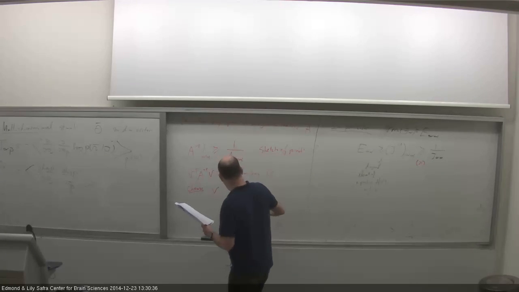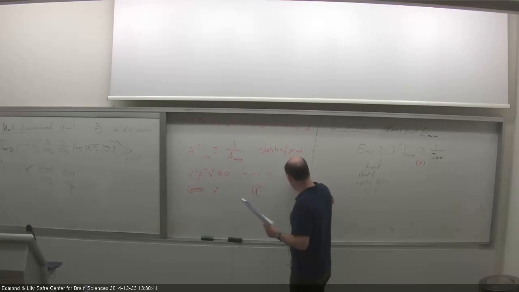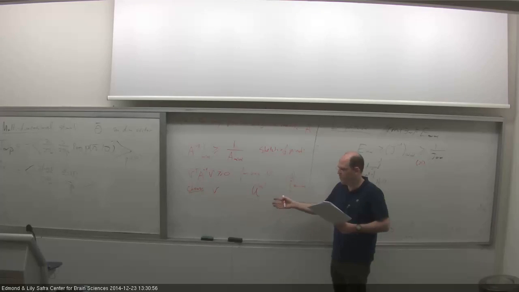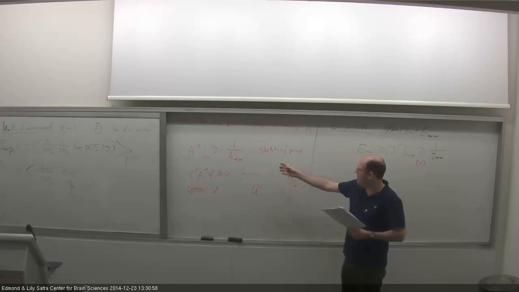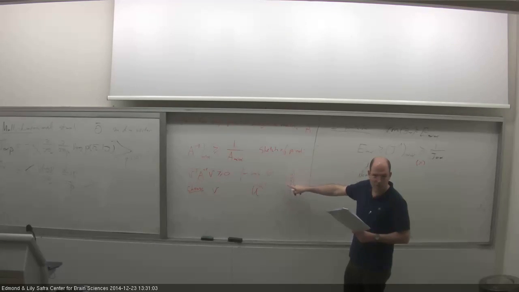So I will take a vector that I will call U alpha, and U alpha is a vector that has zeros everywhere except for the alpha element. This is an m-dimensional vector, where m is the size of the matrix. I take a vector which has zeros except for 1 in position alpha.